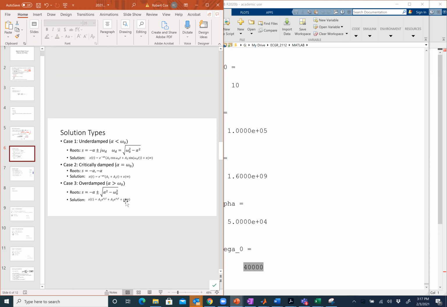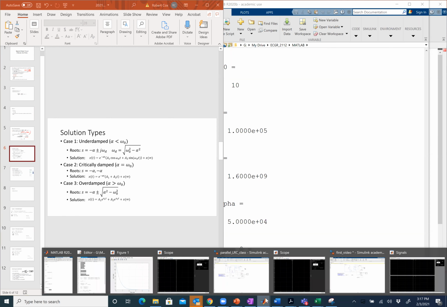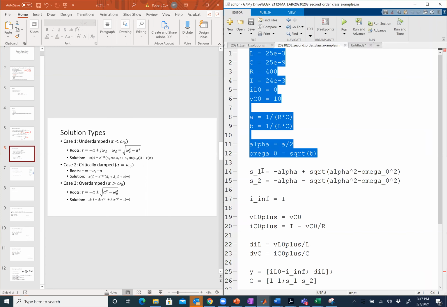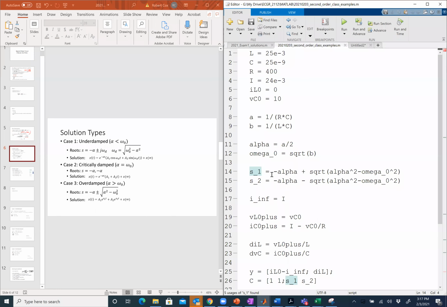And I know these are the roots. So if you look at what I did in my code, I defined s1 and s2, and I just plugged straight into what those formulas were. Then I've got my two exponents.